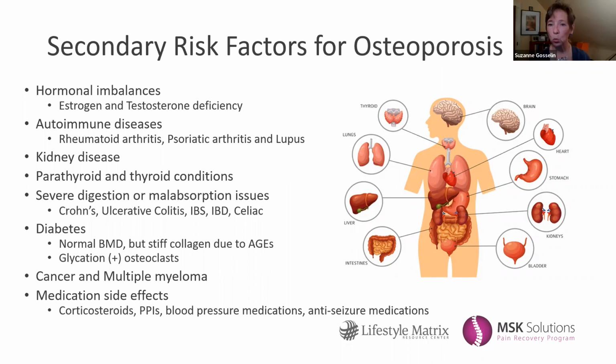If not managed well, it can contribute to bone loss, premature bone loss. And then we have issues related to poor digestion or malabsorption, things like inflammatory bowel disease or ulcerative colitis, and even irritable bowel syndrome, where malabsorption and poor digestion is a big factor. Diabetes will also affect our bone health, as well as some cancers.